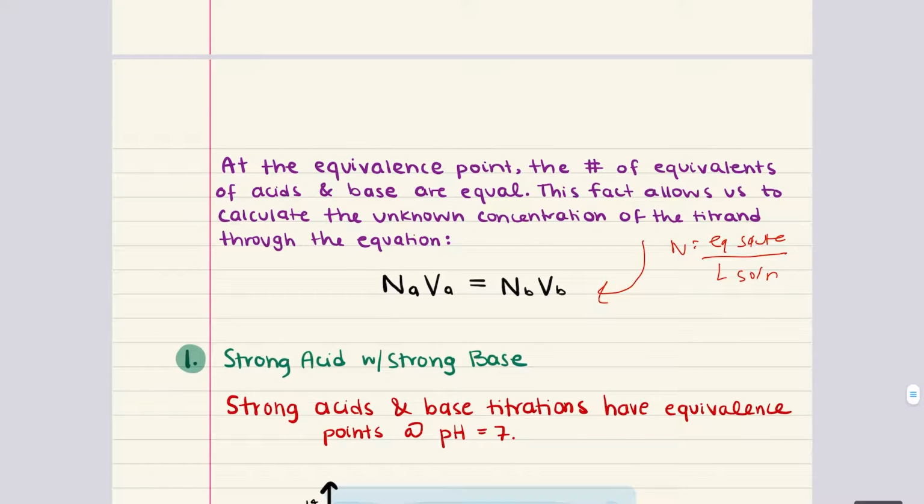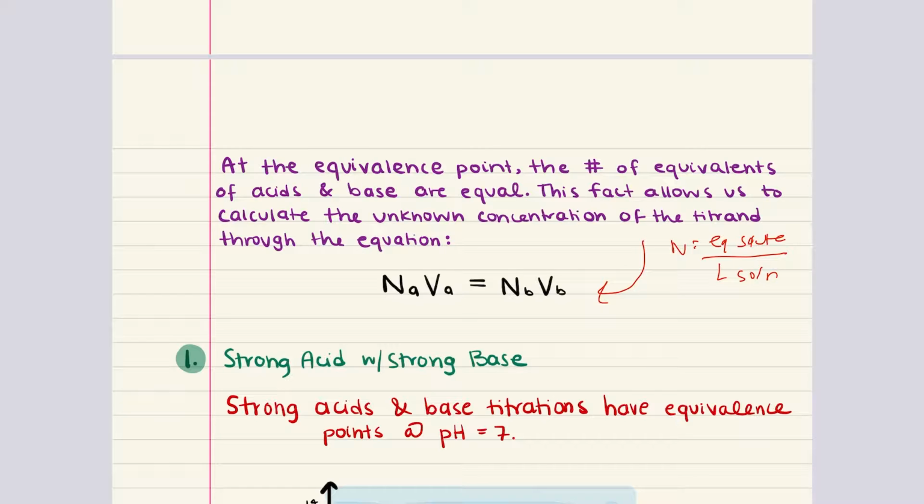During a titration, the use of a pH meter or an indicator helps in identifying that equivalence point. A pH meter is an electronic device that measures the pH of the solution, and it allows us to monitor the change in pH as the titrant is added. An indicator, on the other hand, is a substance that changes color at or near the equivalence point, and the choice of indicator really depends on the expected pH at the equivalence point.